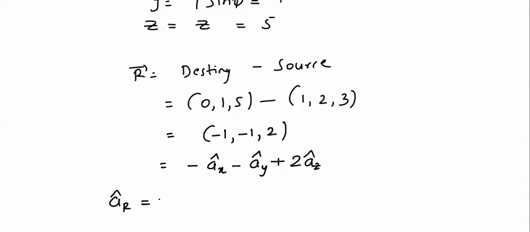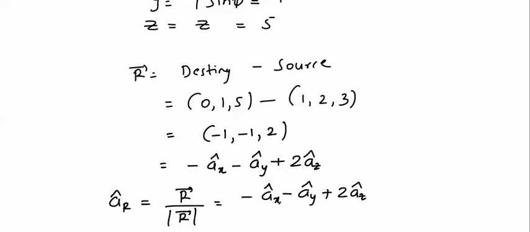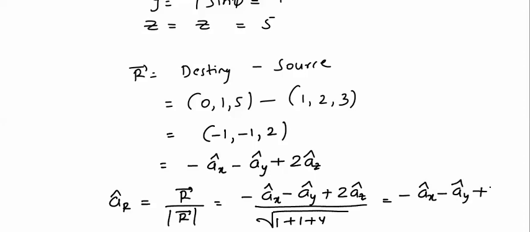The unit vector ar is the r vector divided by the magnitude of the r vector: minus ax minus ay plus 2az divided by the square root of 1 plus 1 plus 4, which is minus ax minus ay plus 2az divided by root 6. So this is my ar vector.